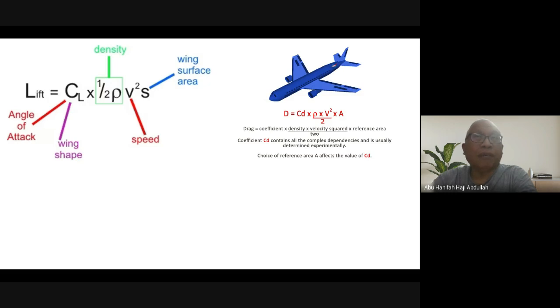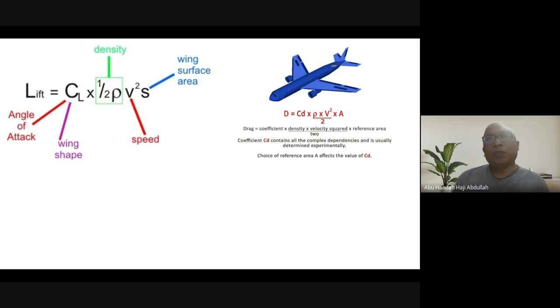And the lift coefficient, you can control it. That's why you have slats and flaps. When you operate the slats and flaps, your wing profile, or the complete wing, will change and increase the lift coefficient. So you increase the lift coefficient, and you are able to compensate for density. Density will be that of the sea level where you're operating.